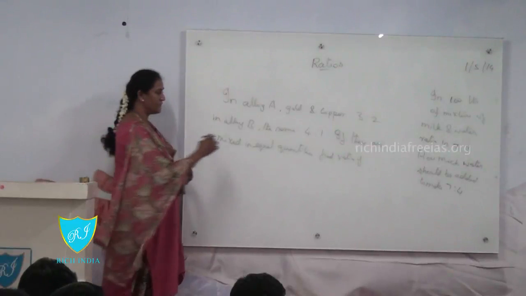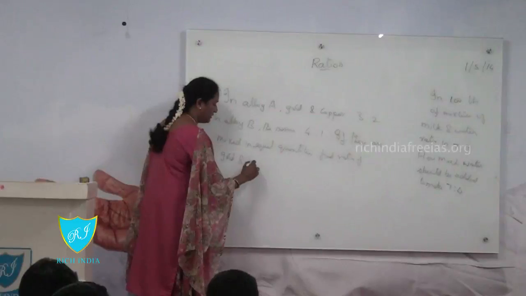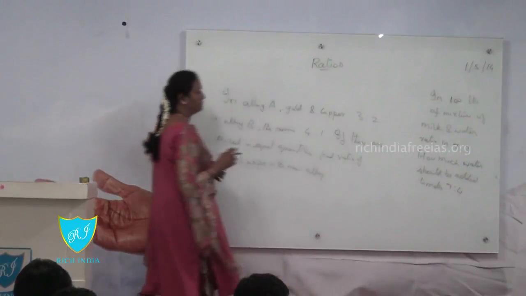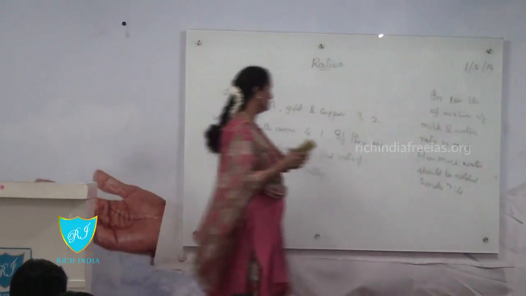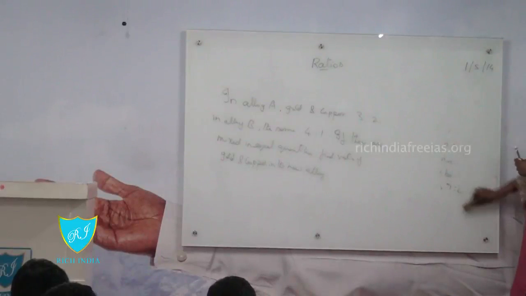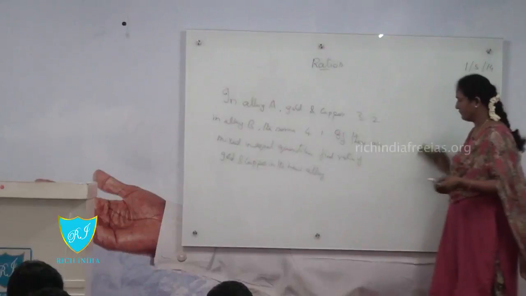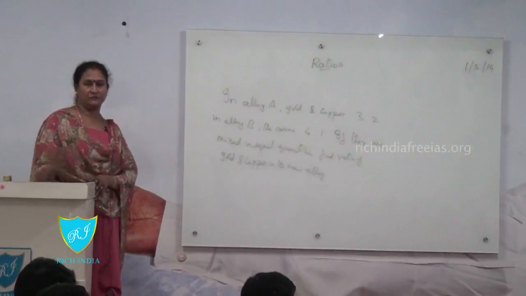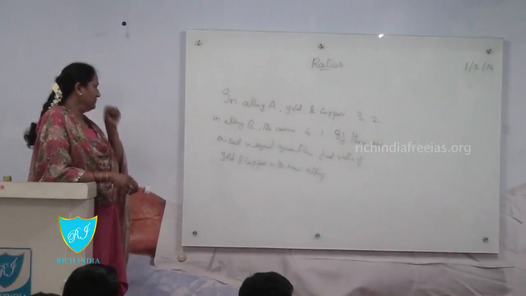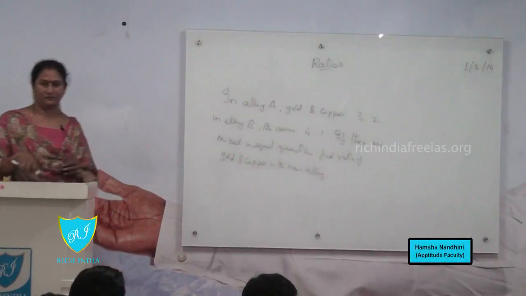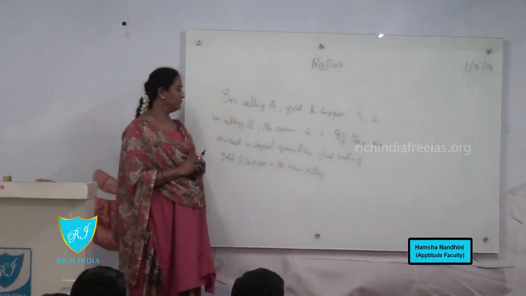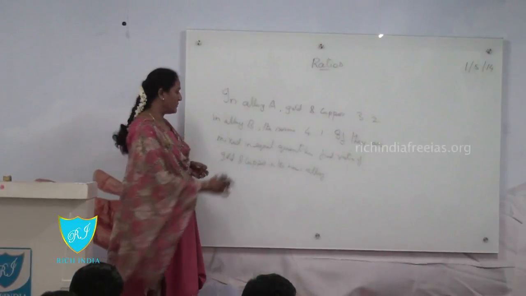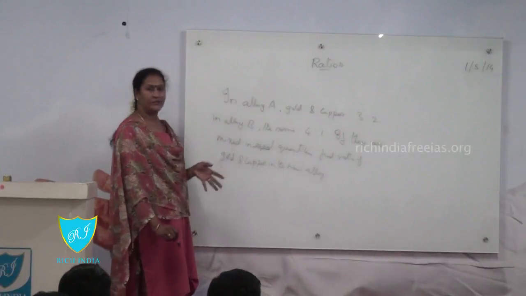If they are mixed in equal quantities, find the ratio of gold and copper in the new alloy.